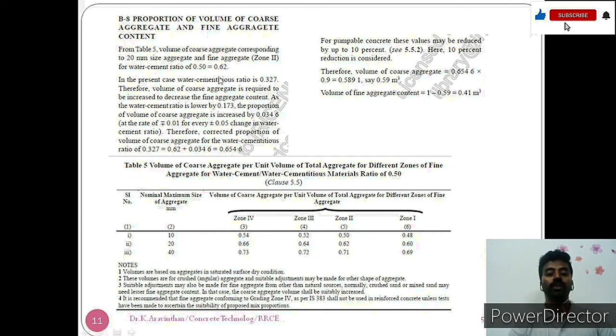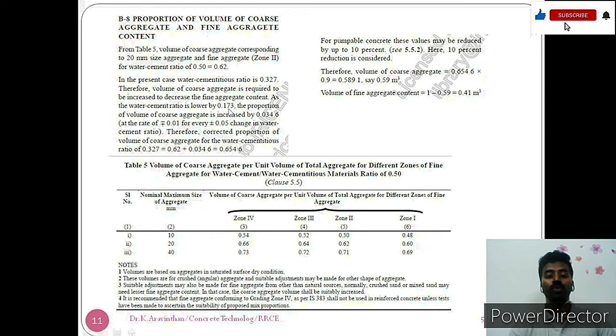This value of 0.62 exactly fits a water cement ratio of 0.5. Right now we have a water cement ratio of 0.327. The difference here is 0.5 minus 0.327, which is 0.173.